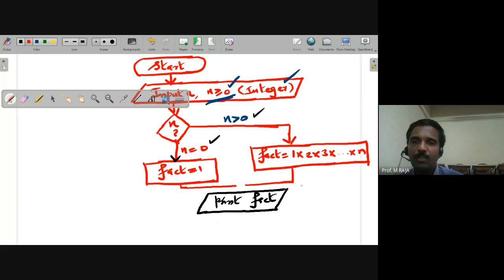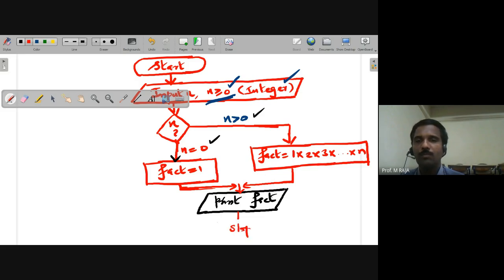This line should be the same as this beginning. Here also, this line should coincide with this vertical line. So assuming that we have constructed the line here, then print fact. Then we need to stop. That's all.